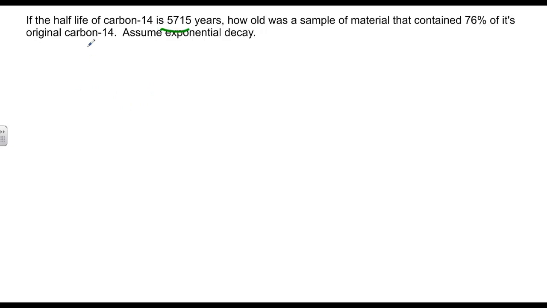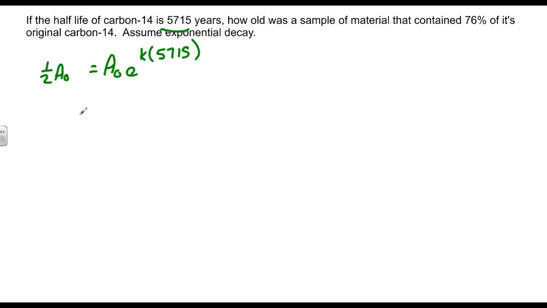If we don't know how much we originally started with, this is again like the problem we did the other day of doubling our money, but now we're going to halve our value. We can start with an initial amount and finish with half that initial amount, and that's e to the k times 5,715 years. From this we can find our k value.